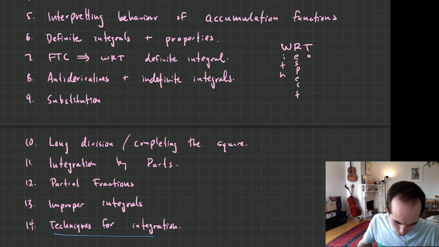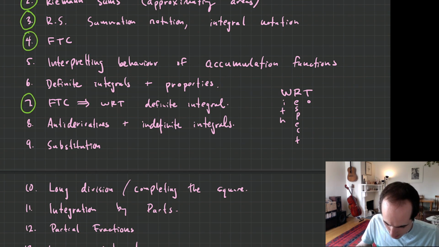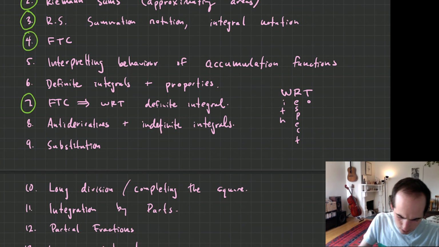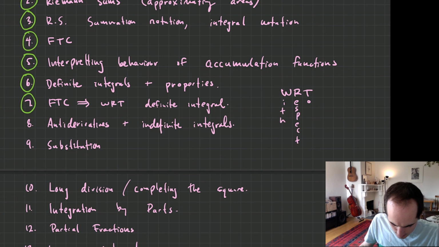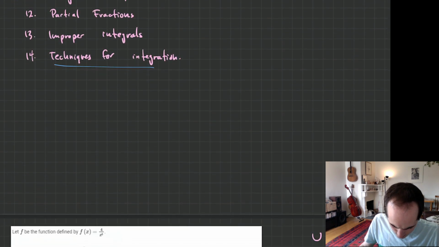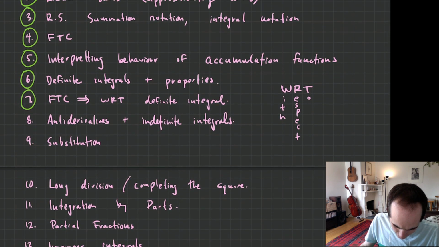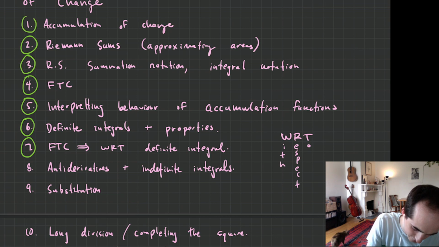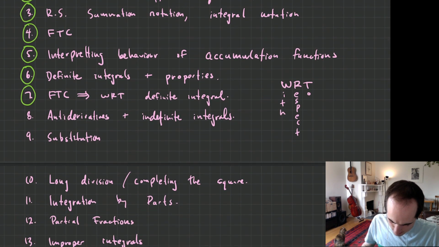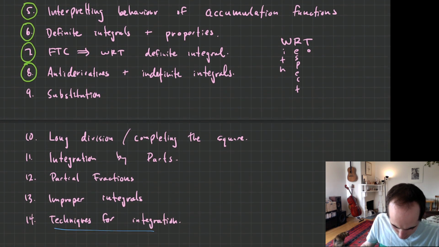So that would be this one here and this one here. I suppose it kind of bleeds into here as well, and definite integrals and its properties. For part C, okay, there's an indefinite integral. So you can see how many, and I guess the whole accumulation of change, that's all of this. Antiderivatives and indefinite integrals would be that one.